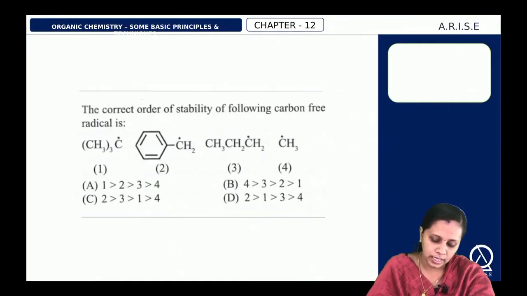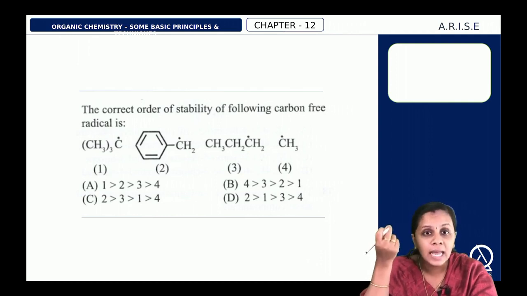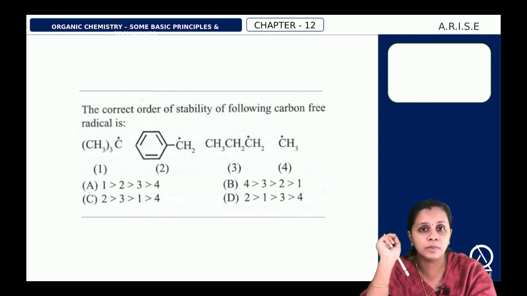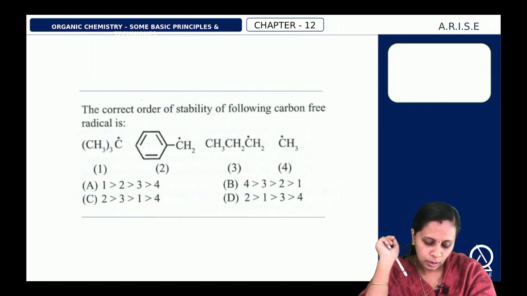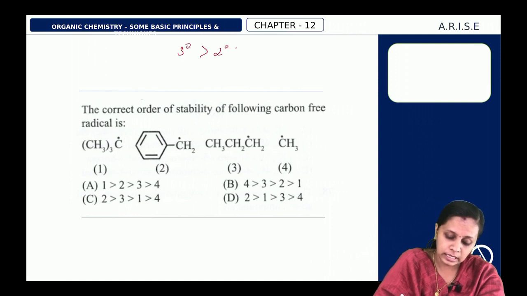Now moving on to the next question. The correct order of stability of the following carbon free radicals. What is a free radical? It is a species containing an unpaired electron, and it is formed during the homolytic fission of carbon-carbon bonds or any bonds. The order of stability we have already discussed in the theory class, that is tertiary greater than secondary greater than primary.